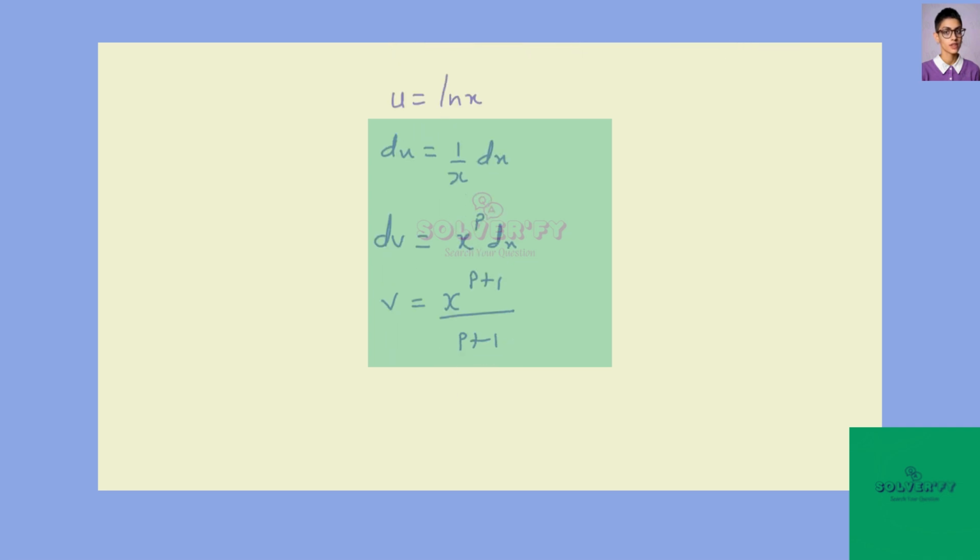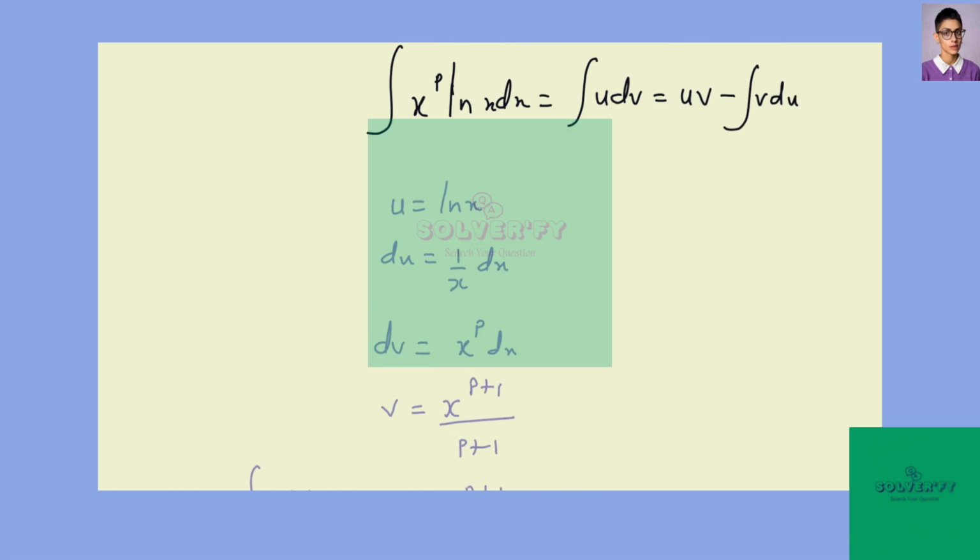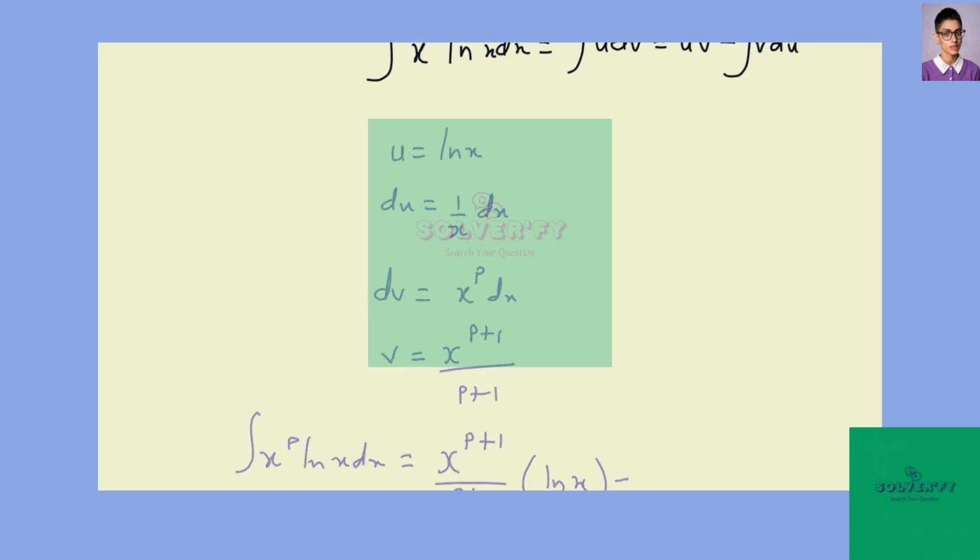All right. So the whole integral of x to the power p ln x dx can now be expressed as u, which is ln x, times v, so x to the power p plus 1 over p plus 1 times ln x, minus the integral of v du.